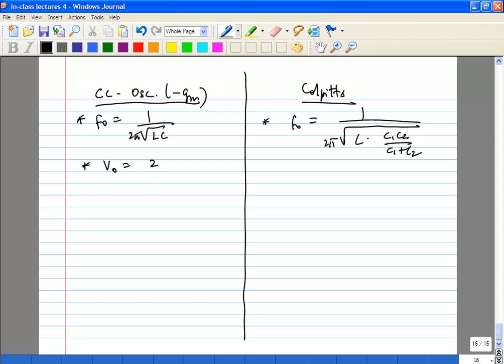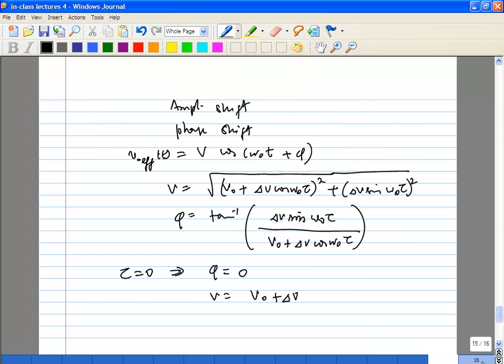What is V naught? If you take the NMOS oscillator, it's 2 by pi I_T times R_P. What is it for the Colpitts?